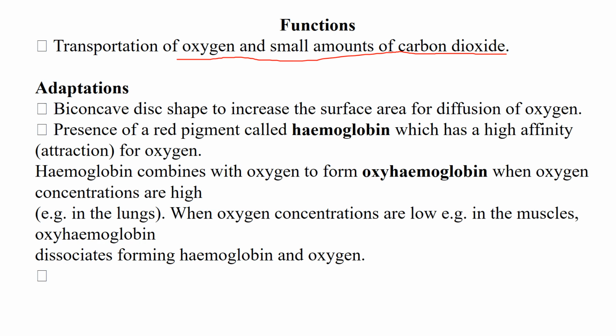Their adaptation: the red blood cells are concave disc shaped, and this increases the surface area for diffusion of oxygen. The red blood cells also have a red pigment called hemoglobin. Hemoglobin combines with oxygen to form oxyhemoglobin. This happens when oxygen concentration is very high.